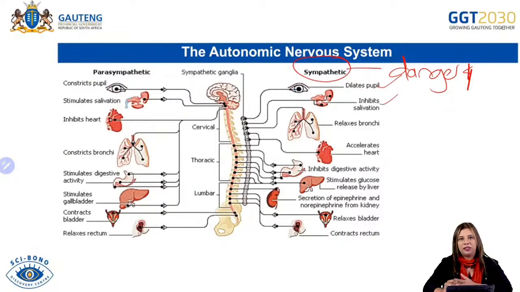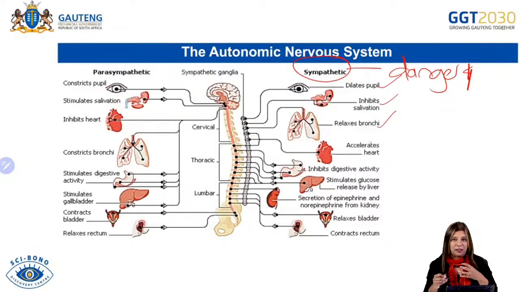Your saliva is inhibited, that means stopped or slowed down, because the man standing there with the lion is not feeling hungry. It relaxes the bronchi. It accelerates the heart. His heart starts beating fast because it has to pump blood to the rest of his body so that his muscles can get blood and oxygen so he can run away. That's what most of these activities have to do with.